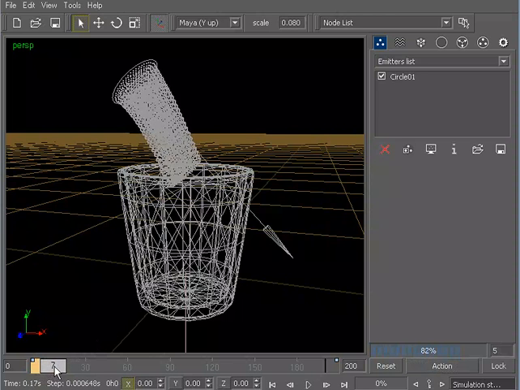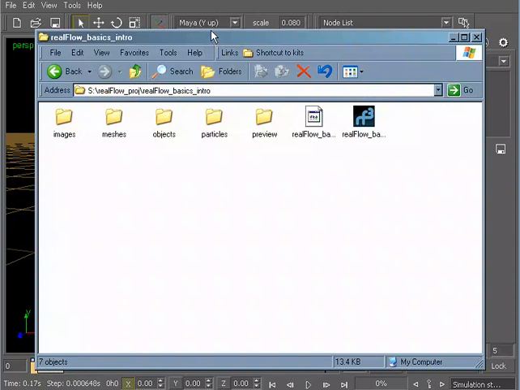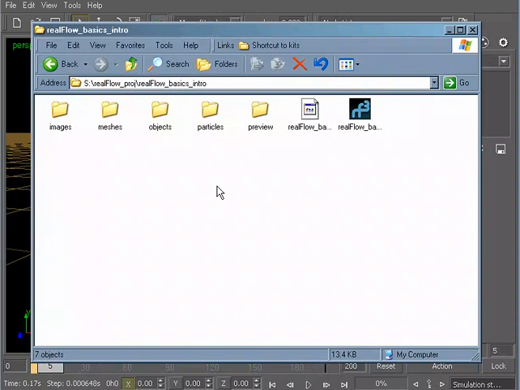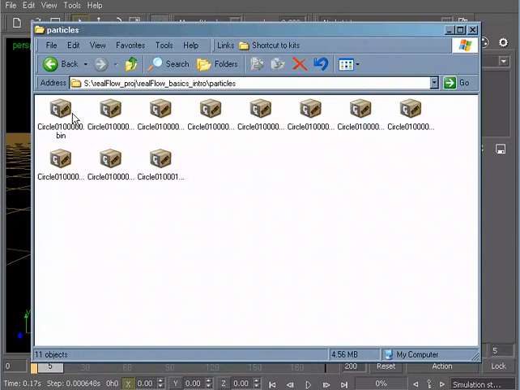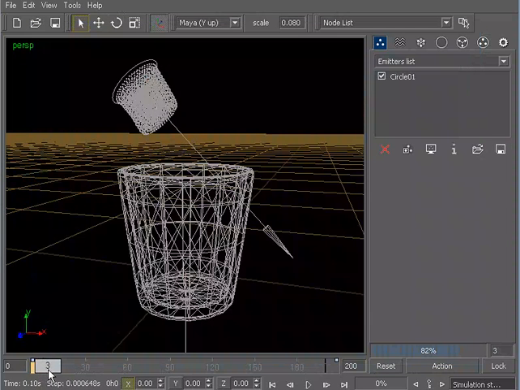Why is Realflow now able to remember this? Well, if you take a look in your Realflow Basics folder, or whatever you set for your project, in the particles folder that was generated, there are now these individual files. This is what Realflow is referring back to whenever we're scrubbing.